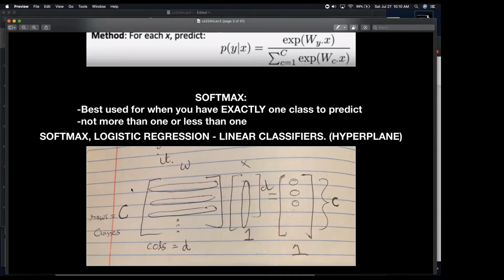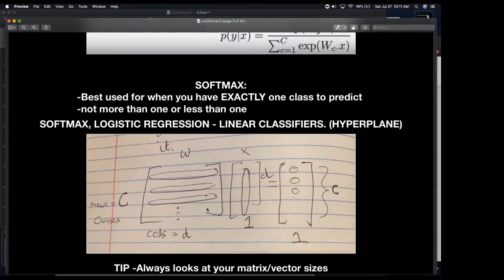For an IMDb review, maybe the first row is, if it's a positive review, these are the weights. The second is, if it's a negative review, these are the weights. And X here is going to be the review that you actually put in at runtime. This is going to spit out a vector, which we'll post-process so that you pick out the max probability for a certain class. That's how you achieve this classification problem.